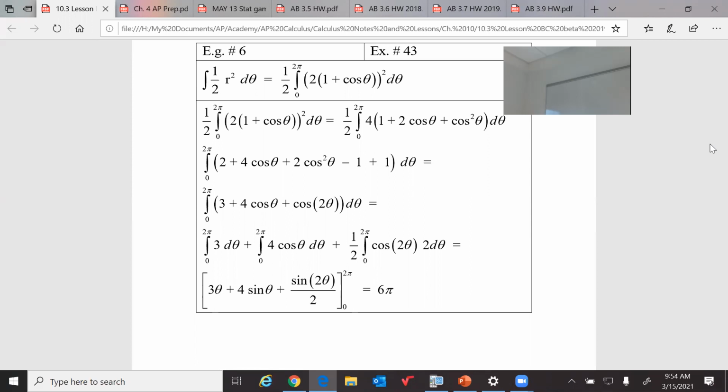There is a PowerPoint in the last folder in Canvas that has the cosine and sine of alpha plus beta and double angles. So you can rewrite cosine squared theta.